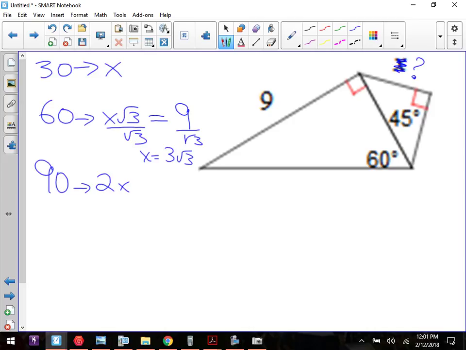Where do I need to place that value to get it to the next triangle? Do I have to put it across from the 30 or across from the 90? Yeah, the 30. I got to put it across from the 30 to get it here. Now that side length is across from what side? Across from a 90 in a different triangle. And you continually rotate it through.